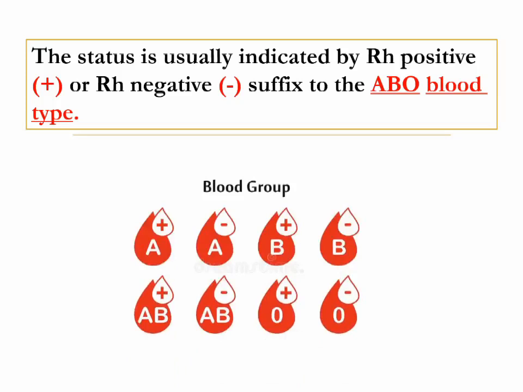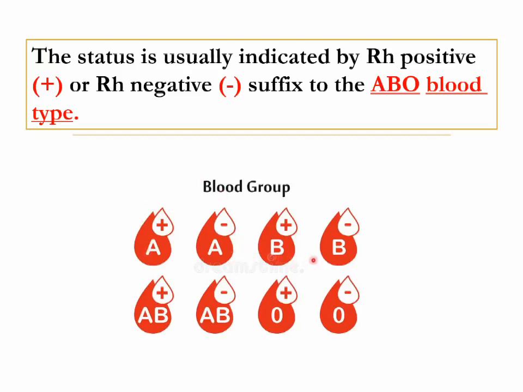So we previously know that we have 4 blood groups according to the ABO blood group system classification, which are A, B, AB, and O. So now after adding the Rh system classification, your A blood group might be A positive or A negative, which means you might have the D antigen or you might not have it.